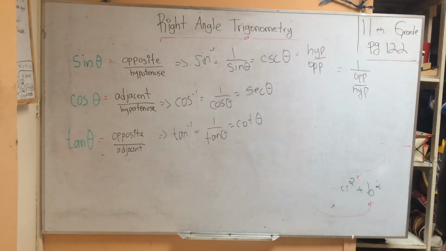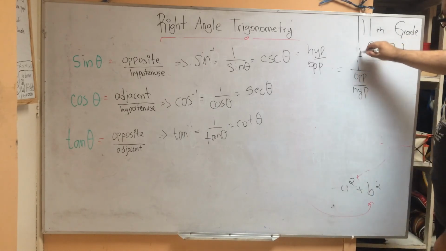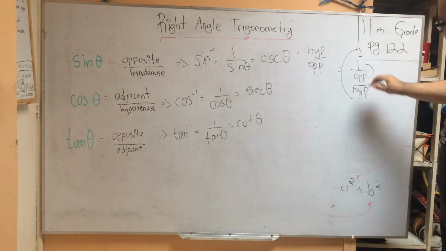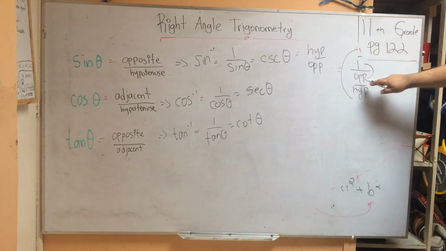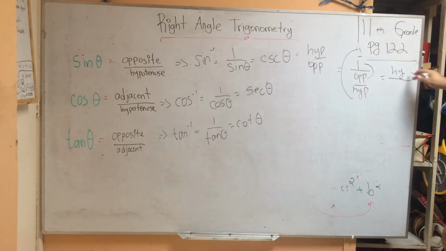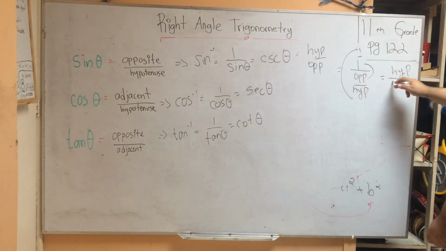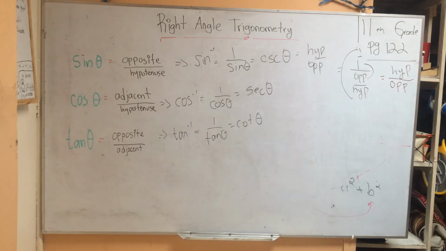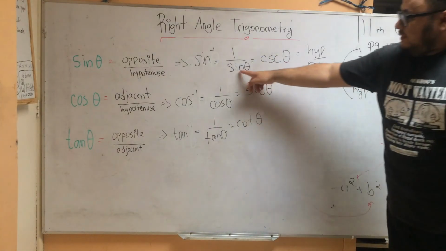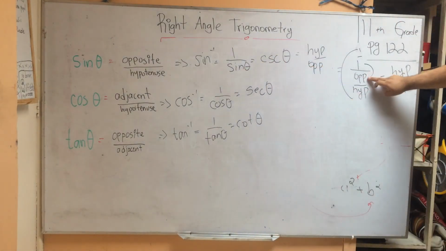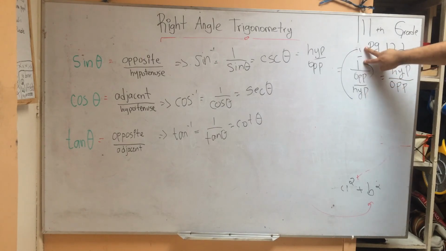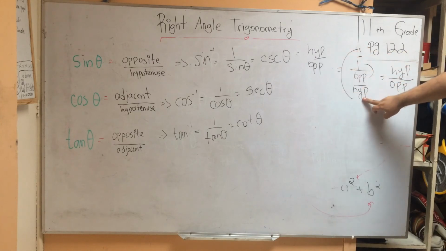How do we simplify these fractions? Okay, remember the rule for fractions? The top with the bottom and the ones in the middle. Okay, so 1 over hypotenuse and 1 times opposite. So we flip them. That's why we flip them, because it's 1 over sine, and the definition of sine is opposite over hypotenuse, and when we divide the fraction 1 over it, the hypotenuse goes first and the opposite goes second.